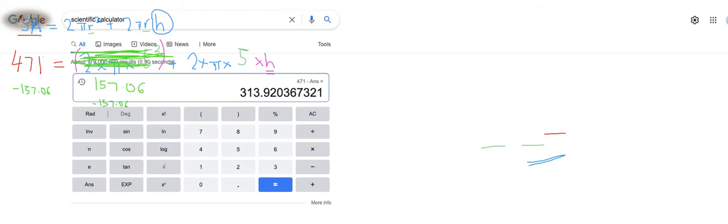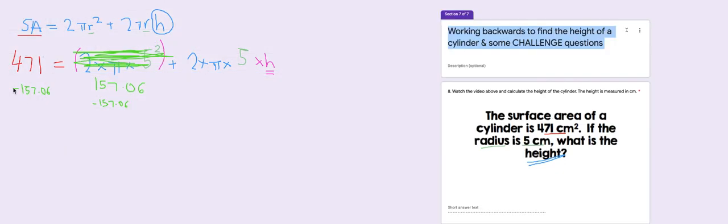313.9203. So on this side, this is going to be 313.92. Sorry, I'm using a lot of different colors now. 313.92 equals 2 times pi times 5 times h.